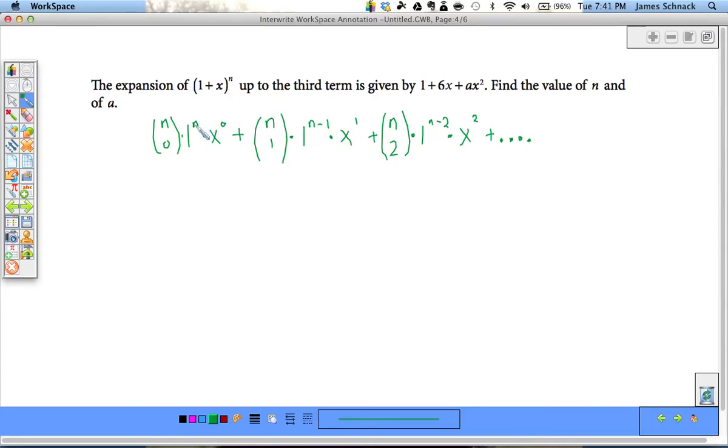Now notice all of these exponents do add up to n, which is what we saw in the previous video. Now this equals 1 plus 6x plus ax squared.